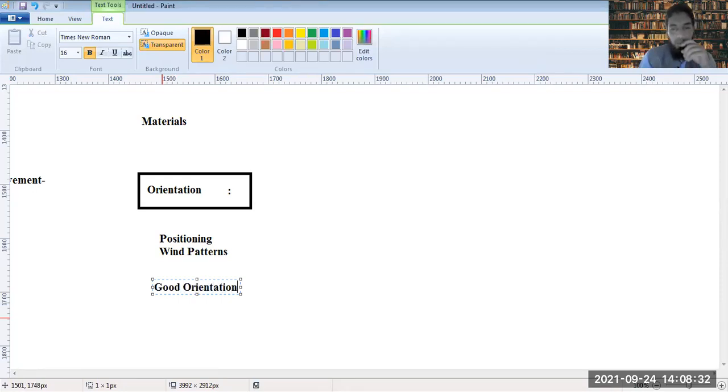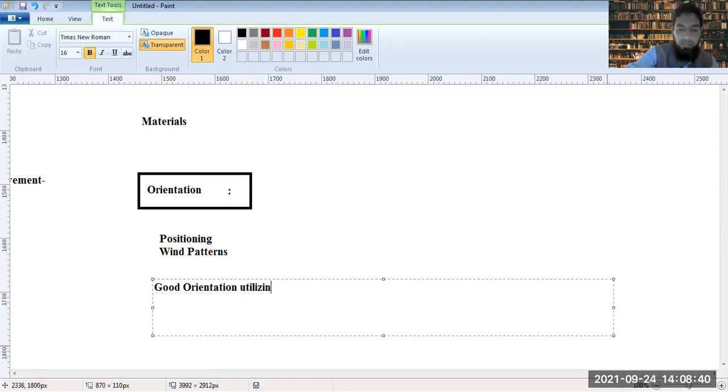wherein you are utilizing the maximum efficiency of the buildings, of the energy for the buildings. So why do you want to have good orientation at the same time?